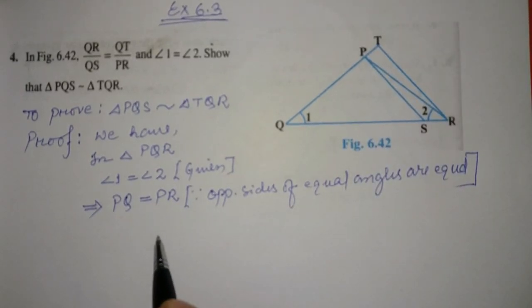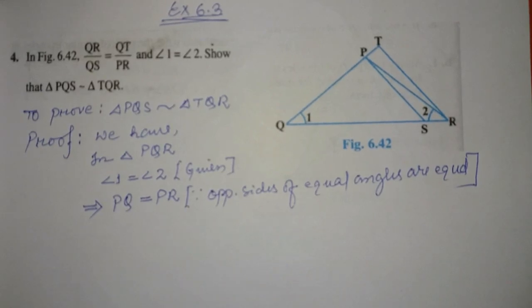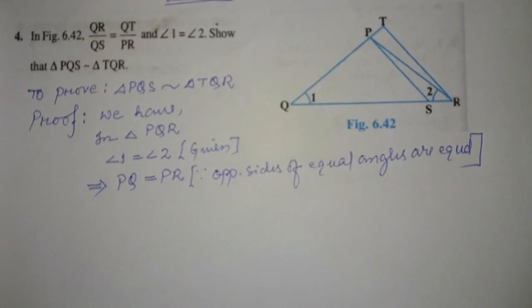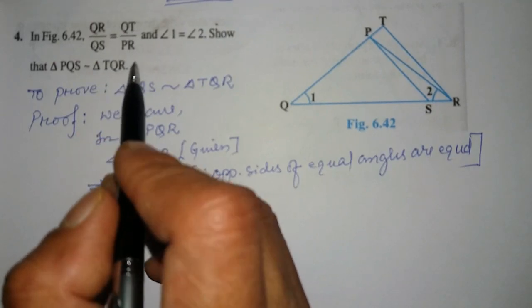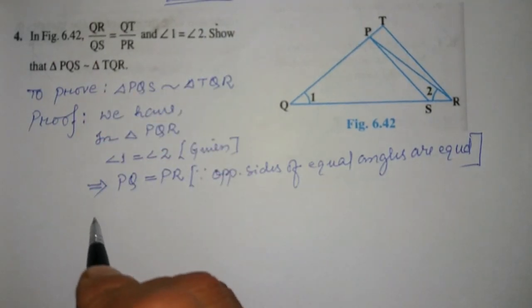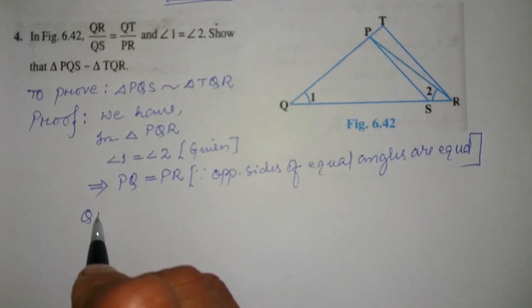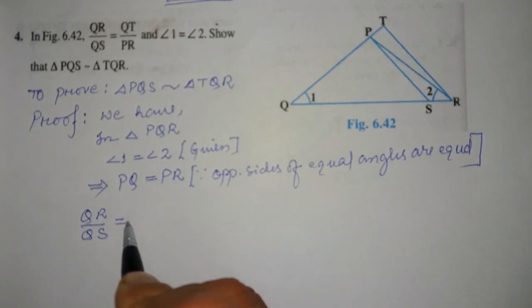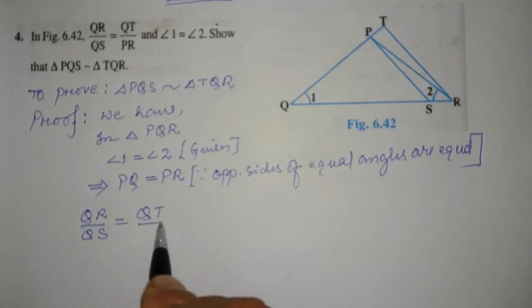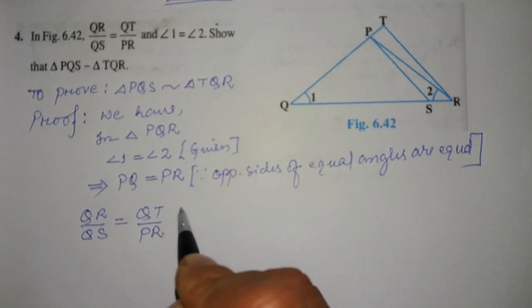Now next we're going to use this one: QR by QS is equal to QT by PR. This is given.